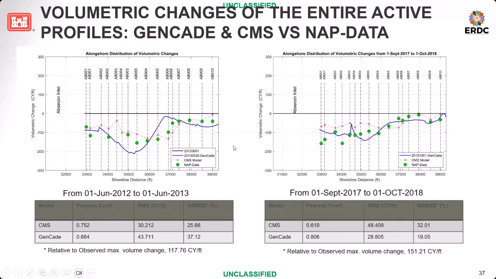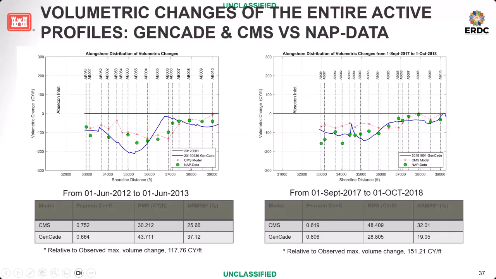For example, during this period of time from June 2012 to June 2013, this is a high energy period. The simulation by CMS, the volume change by CMS, is the red line. And then the GenCade estimation based upon equilibrium profile change is indicated by this blue line.